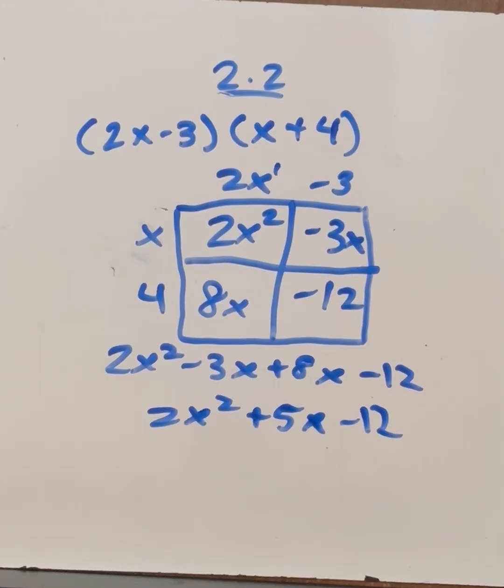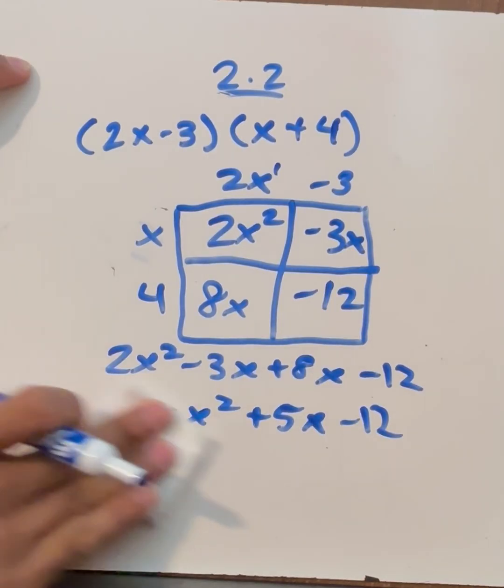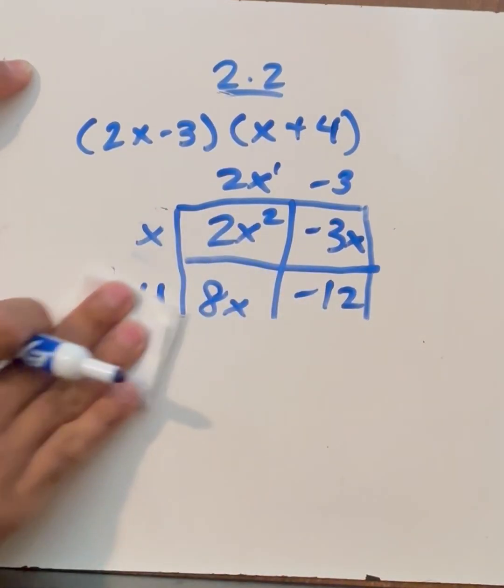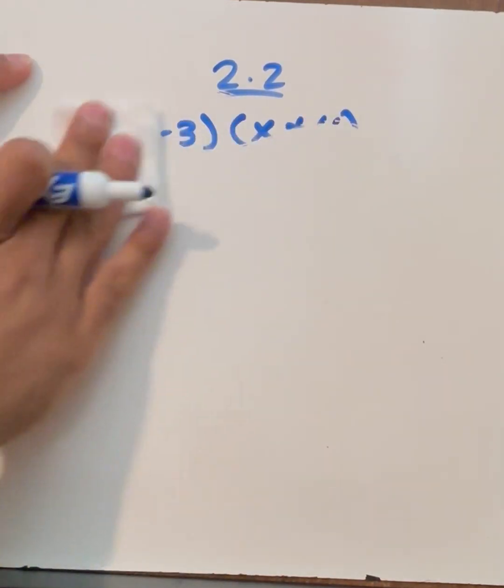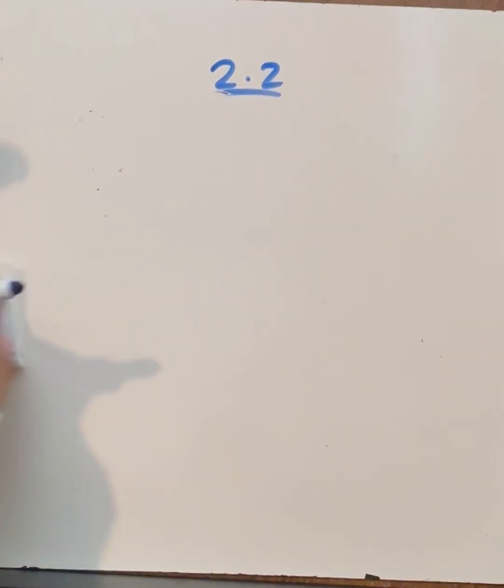Now let's take a look at the FOIL method, which, as you get more and more used to multiplying polynomials, is going to be the method that you use the most. What does FOIL stand for?